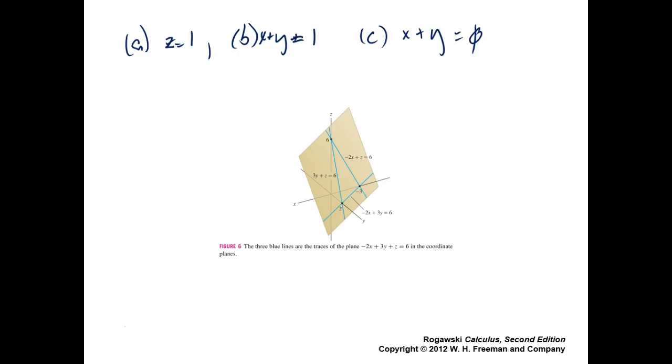Everywhere on the z-axis, x is 0 and y is 0, so sure, that would be it. Z is equal to 1 would be a plane. The z-axis would be perpendicular to z is equal to 1, so it couldn't be that.